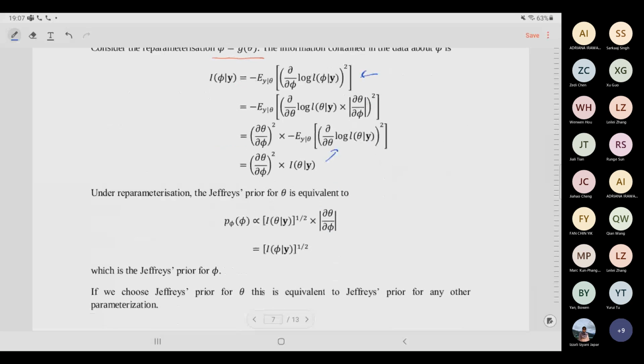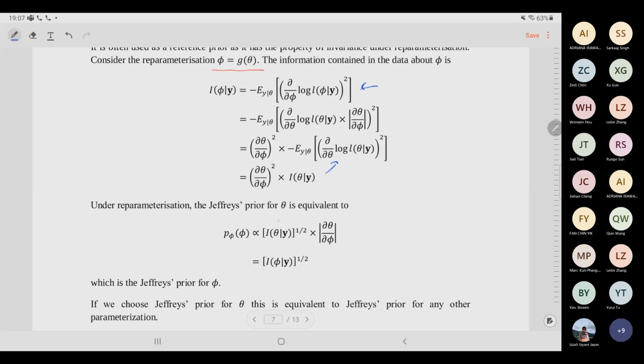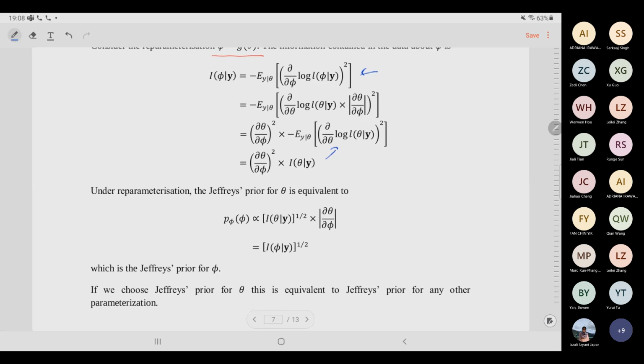If you want to find the Jeffreys prior for phi, it's the Fisher information for theta multiplied by the Jacobian. So this means that the Jeffreys prior for theta is still the Jeffreys prior for phi. It's not the same, it's equivalent.